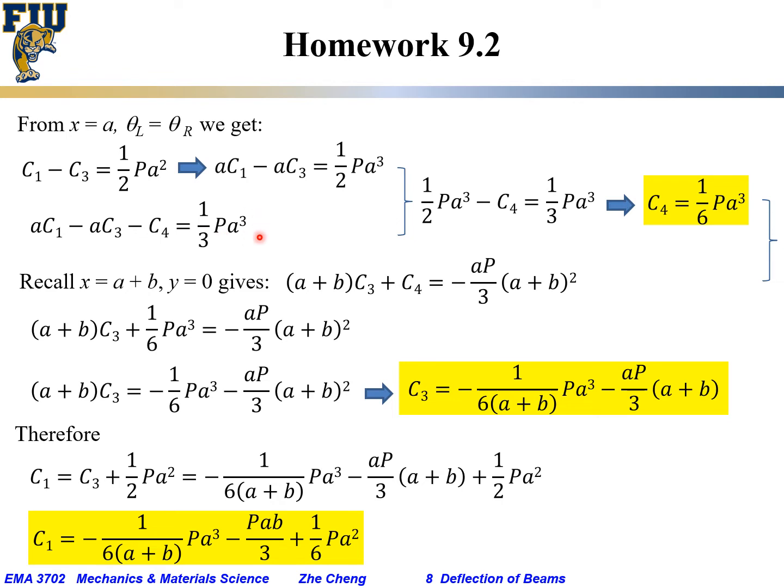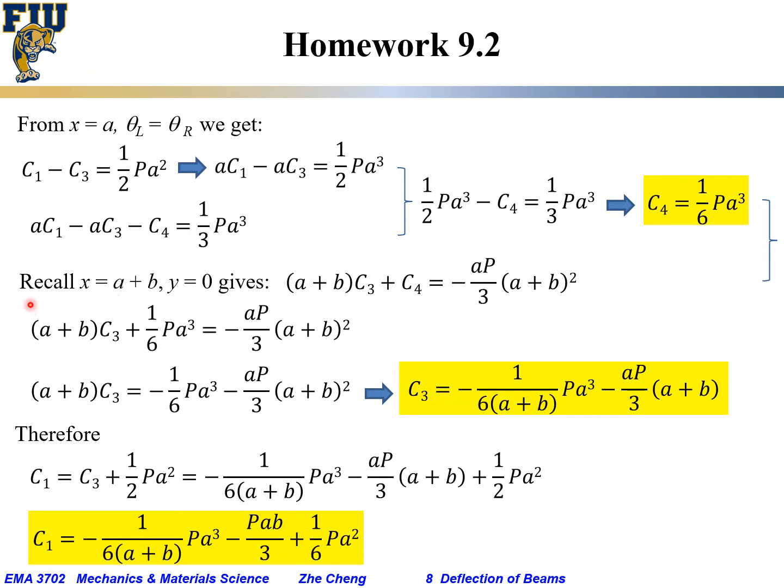So these two combined, the first two terms would be half PA cube minus C4 equals 1 over 3 PA cube, which means C4 moved to the right is half minus 1/3 of PA cube, or 1 over 6 PA cube.